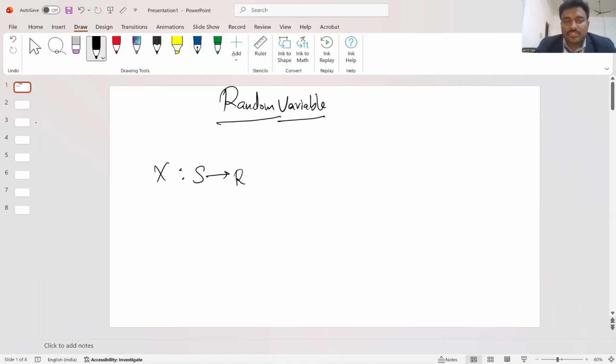The range space, real space, will give you an output. So we can relate this to a function X from capital S to R. Here this refers to a sample space, and this is maybe a real number from 0 to 1 with a closed interval, right?